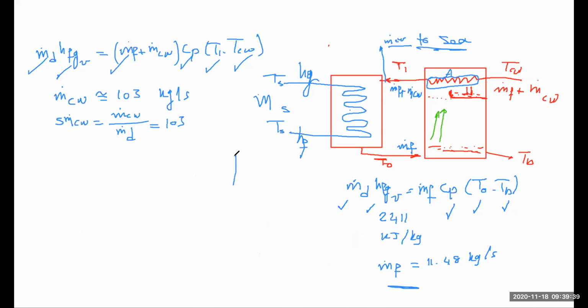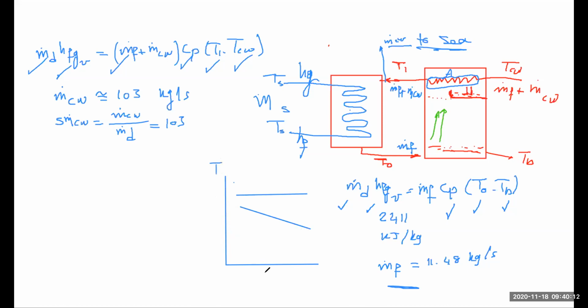Now, this is a case where I have vapor. This vapor is condensing, and to condense, it will preheat the feed.